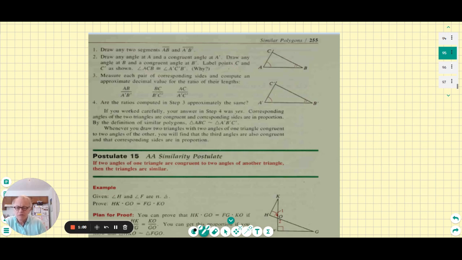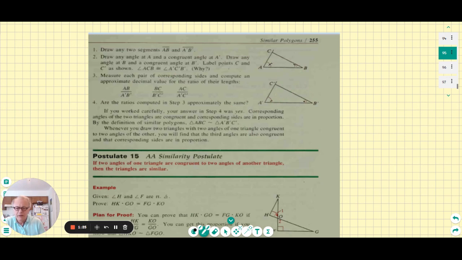So we have angle ACB is congruent to angle A prime C prime B prime. How do we know that? Well, if these two are congruent and these two are congruent, then the third angle has to be congruent.